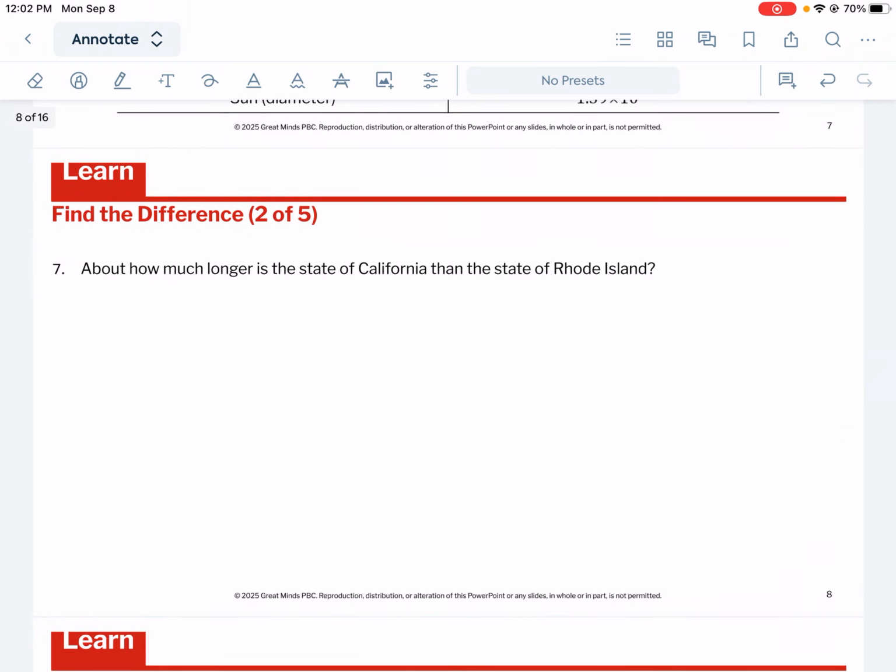And it's asking how much longer than. Make a note here. If you see how much longer, that typically means to subtract. You're going to be subtracting, and you're going to subtract the length of Rhode Island from the length of California.